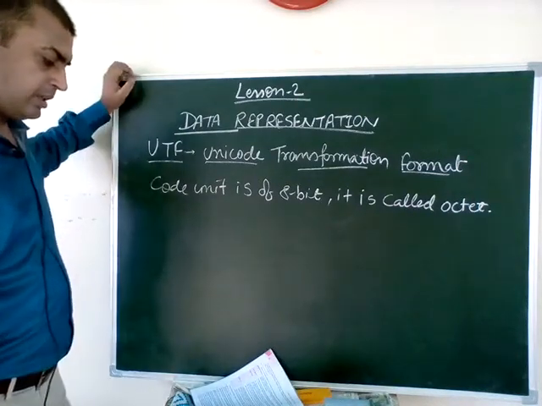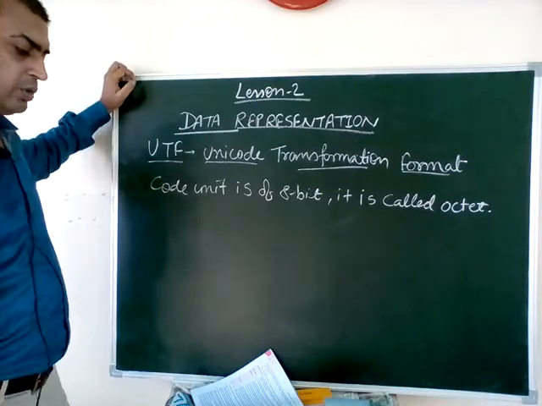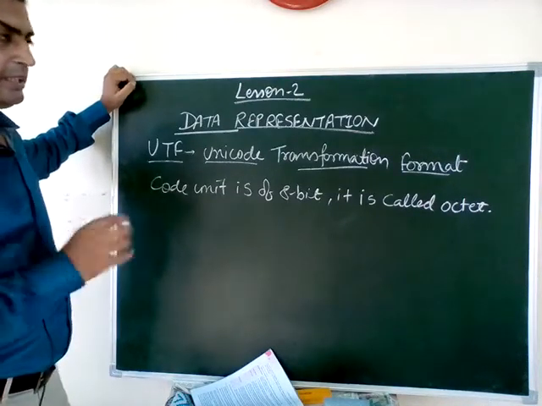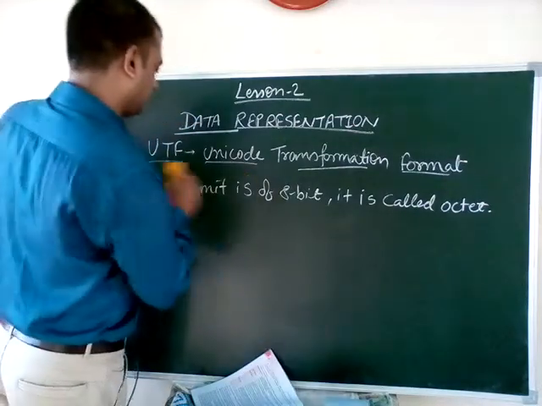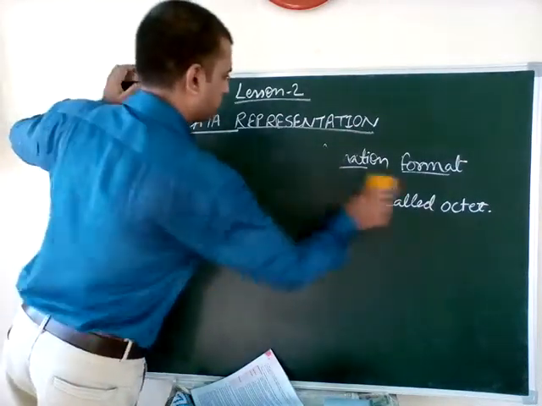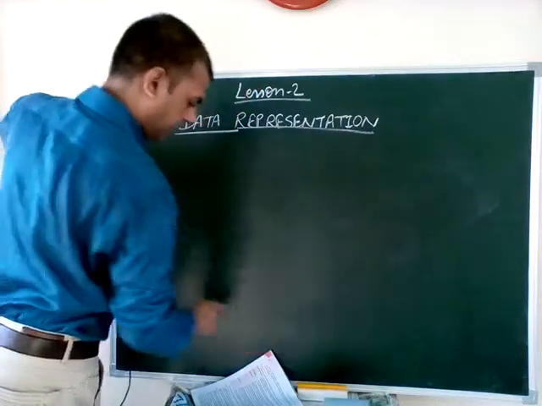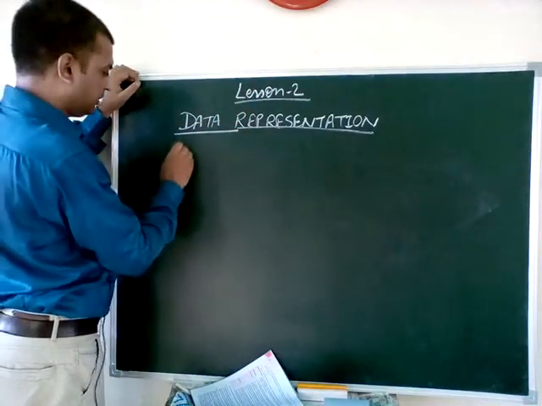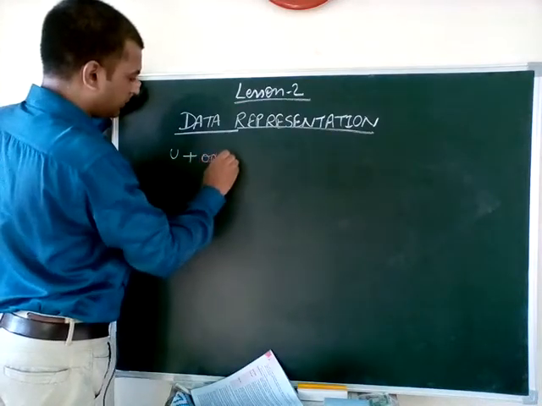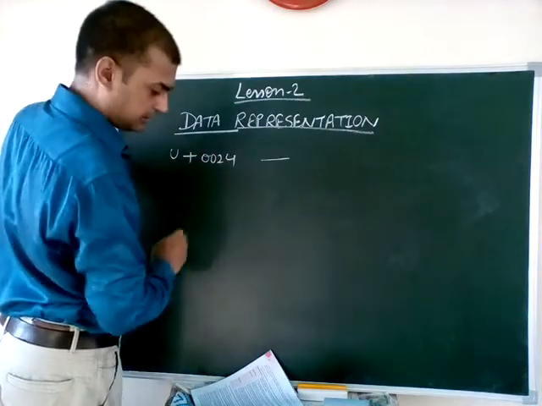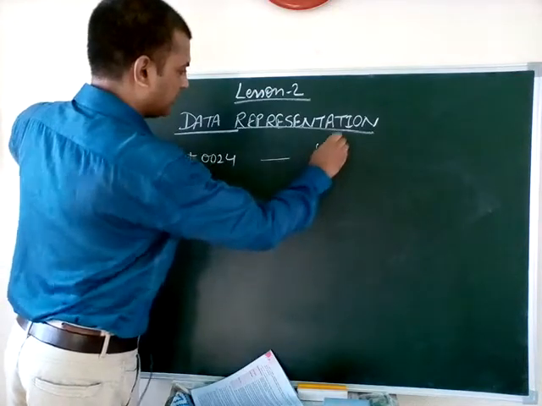Now Unicode code points will have certain values or certain types of representation. For example, if we are writing U+0024, it means it is representing dollar.